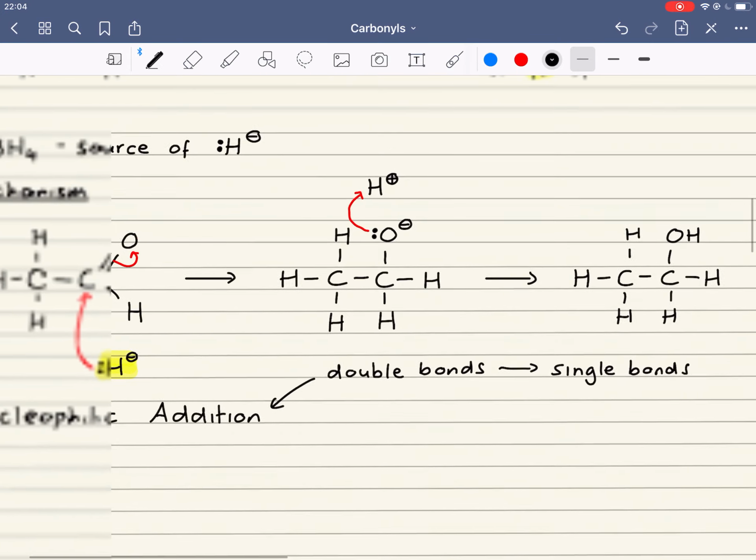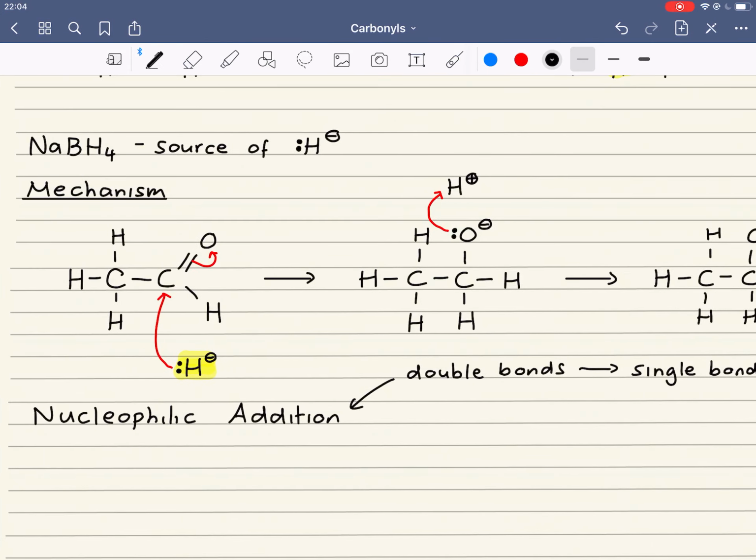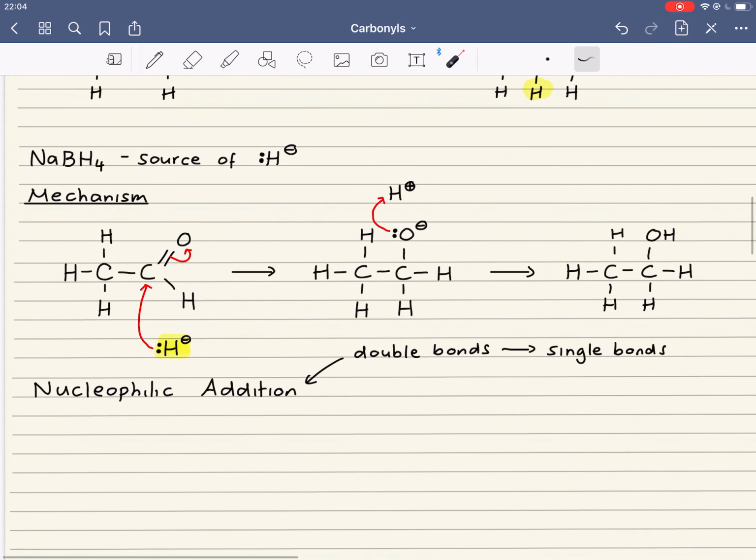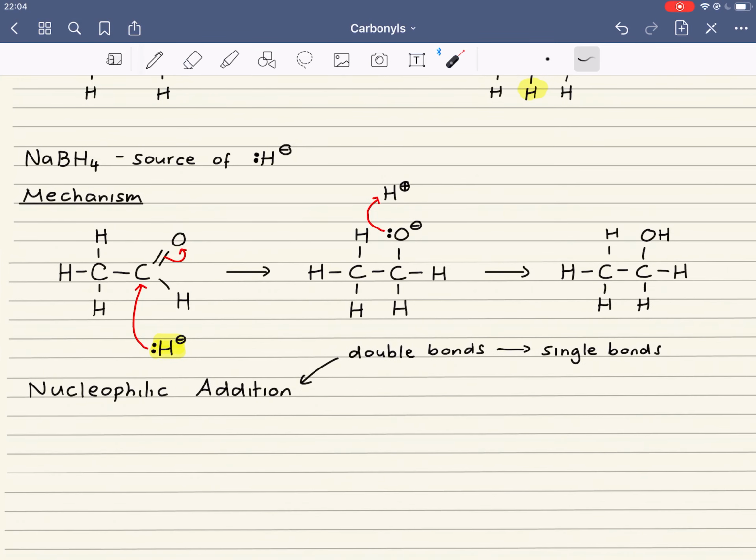So we can see that in our reactants I've got double bonds, and in my products I've now only got single bonds, and that's what happens in an addition reaction. Double bonds go to single bonds.